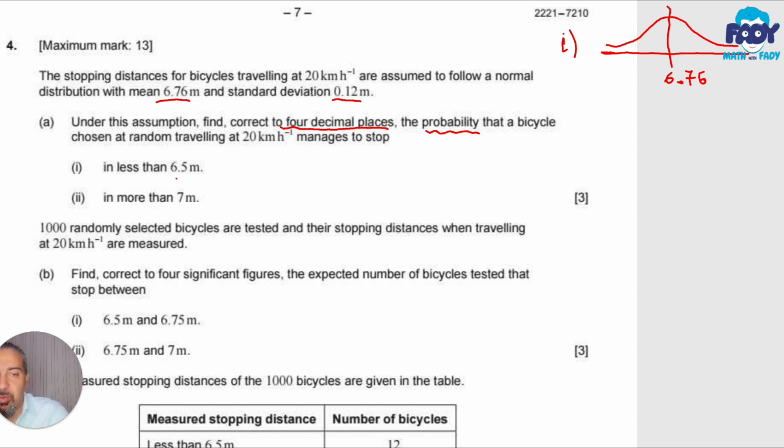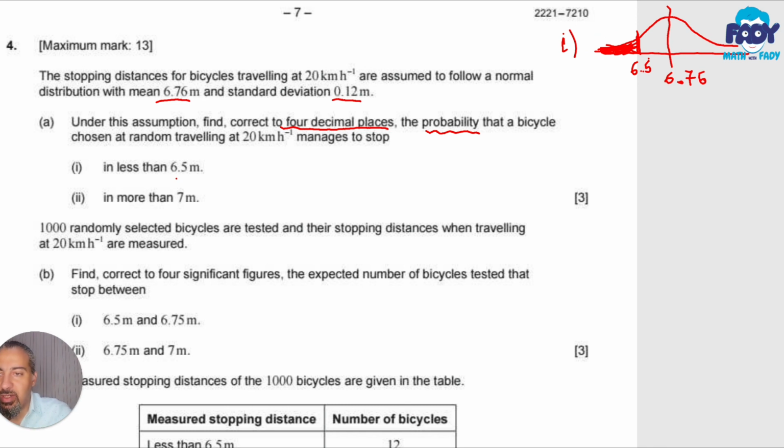We need to find the probability that the bicycle will manage to stop in less than 6.5 meters. 6.5 is less than 6.76, so it is here, and we need the probability that the bicycle is less than 6.5. This shaded area represents the probability that we need to find.